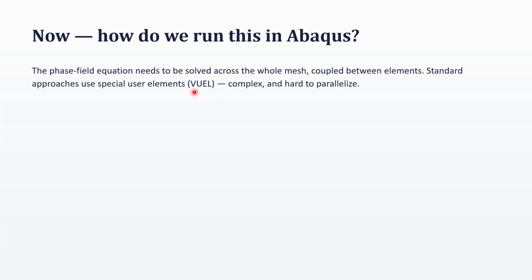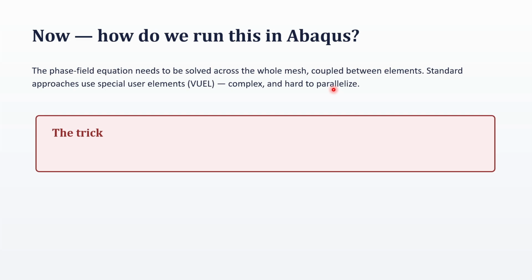But using this VUEL, there have been a lot of problems, which I have personally faced, in order to use multiple CPUs. Like the VARS module, where you use parallel computing, but it takes a lot of time. It is complex. So you follow another path.